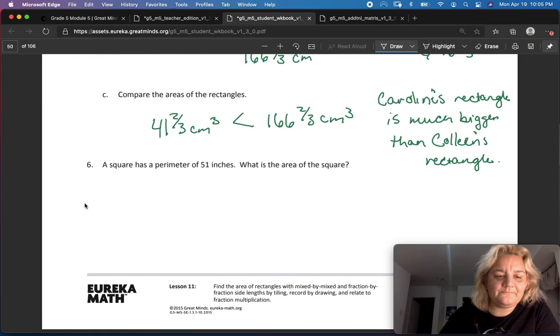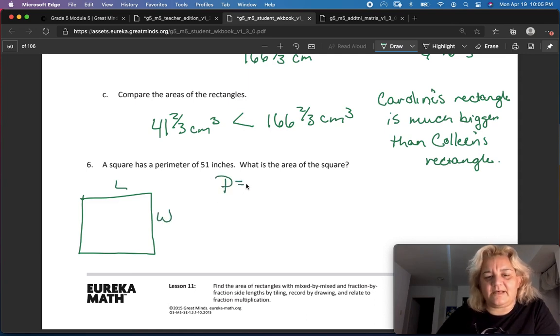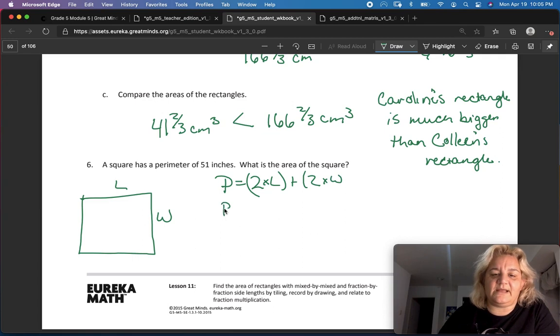A square has a perimeter, so length times width. And perimeter, we find perimeter by either 2 times length plus 2 times width, or if you just want to write it with addition, you could say perimeter equals length plus width plus width.